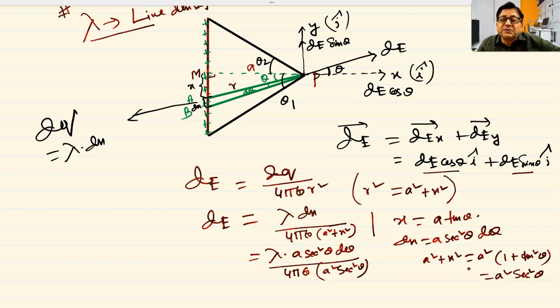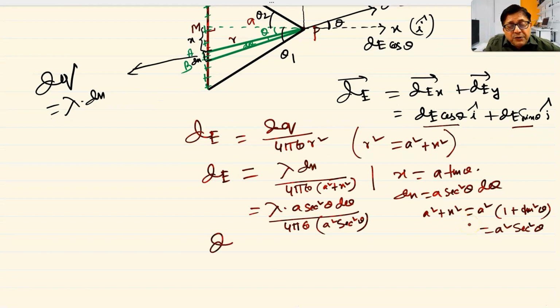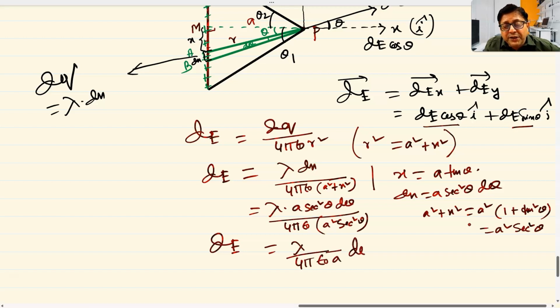Just substitute there. So you get dE in a very convenient form. It is lambda by 4 pi epsilon 0 a into d theta. Isn't it?